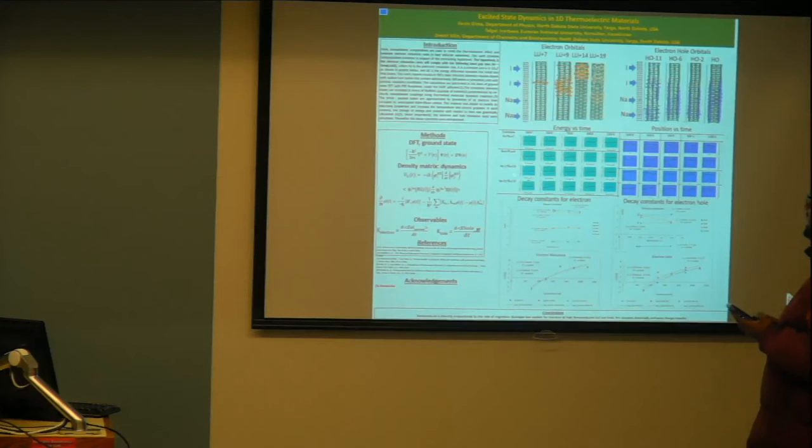Okay, and then these are my energy versus time graphs. I specifically looked at how energy changed with time for different orbital transitions at different temperatures. So I calculated my relaxation rates for my electron and hole.